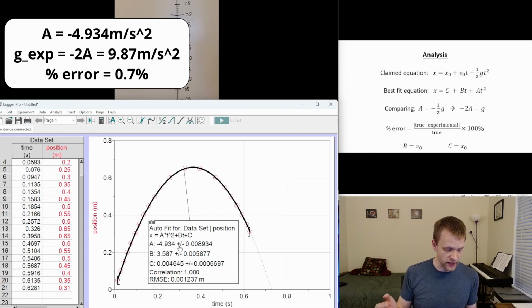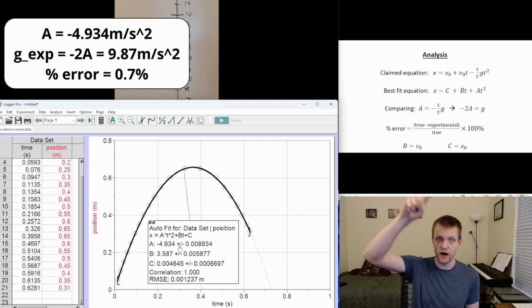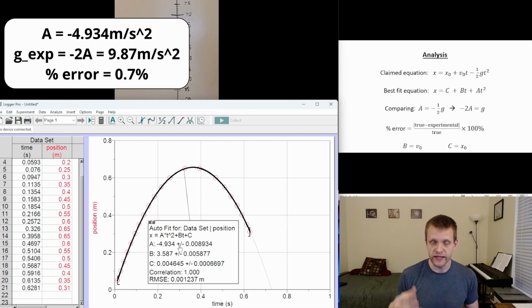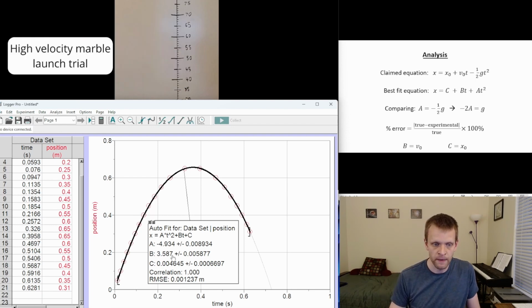I get 9.87 meters per second squared, when the accepted value would be 9.80 meters per second squared. And the percent difference between those is less than 1%. Even though we were launching this thing at a very, very different speed, and it got a lot higher up during that motion, we can still measure this value of little g to a high accuracy. Also notice this value for capital B.